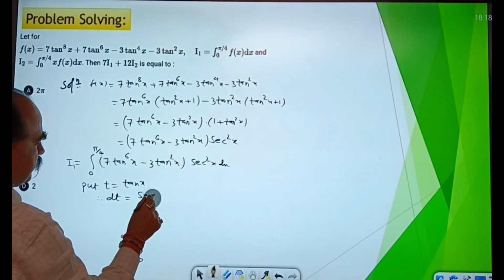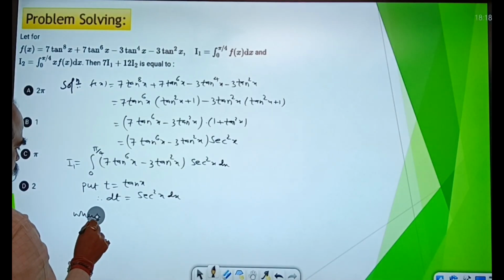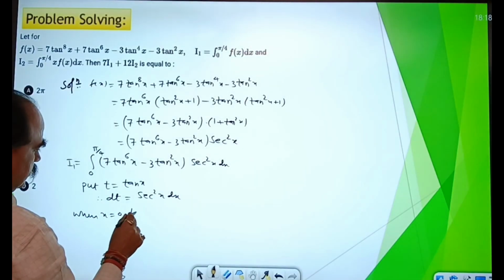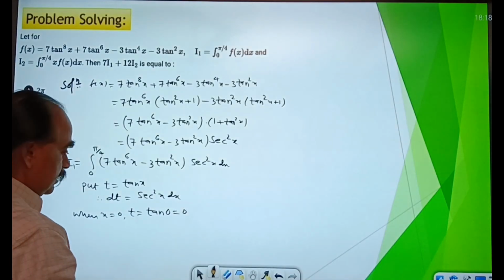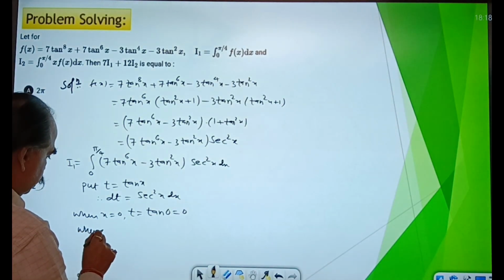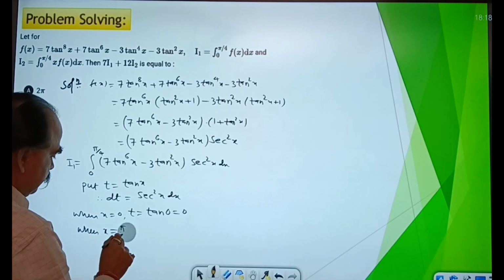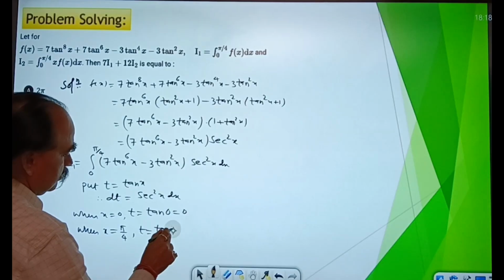So dt is what? sec^2 x dx. When x is 0, t is tan 0 is equal to 0. And when x is pi by 4, t becomes tan pi by 4, 1.